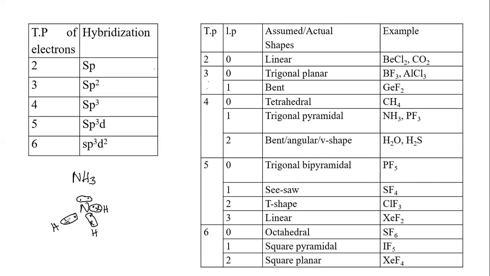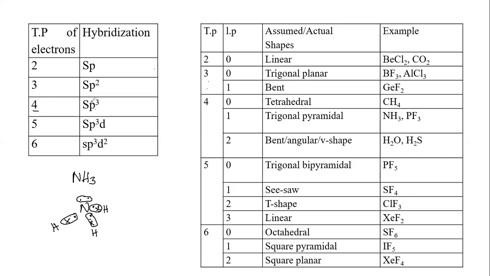Here is a bond pair, bond pair, bond pair, because nitrogen forms bonds with hydrogen. So 1, 2, 3. Here is a lone pair, one lone pair, because these two electrons did not form a bond with other elements, so they are called lone pairs. But you calculate the total pairs: 1, 2, 3, 4. When the total pair is 4, it is going to be sp3.